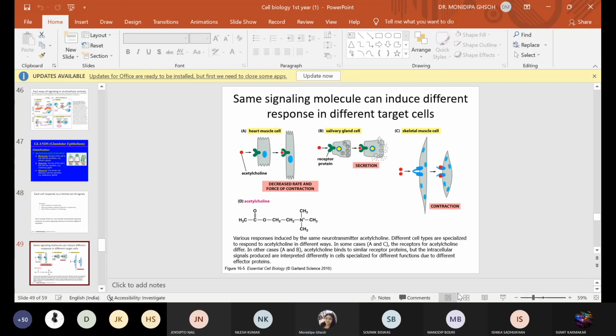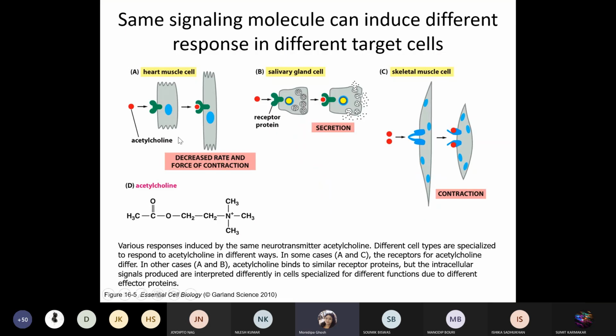Now, if you look into this picture, the same signaling molecule can induce different responses in different target cells. Acetylcholine is a signaling molecule. If it interacts with the surface receptor of the heart muscle cell, it decreases the rate and force of contraction.